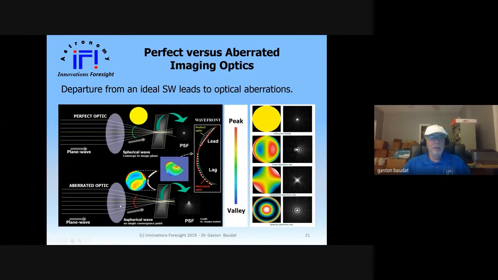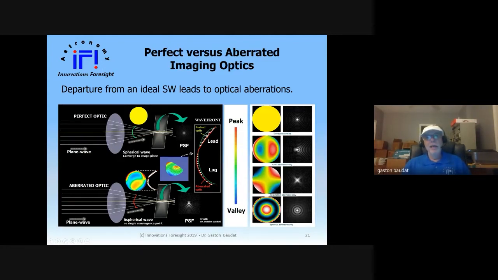If you have aberration of the optic for any reason, collimation is one of them, you see the rays may not converge to a point here. And adding the diffraction, you get this kind of effect, which would be the coma here. And you see the wavefront here is not a spherical shape anymore. So you have a piece of the wavefront leading and a piece of the wavefront lagging the spherical wavefront of a perfect optical system.